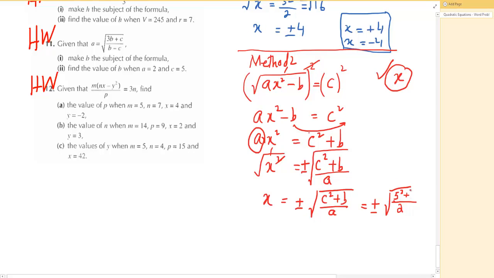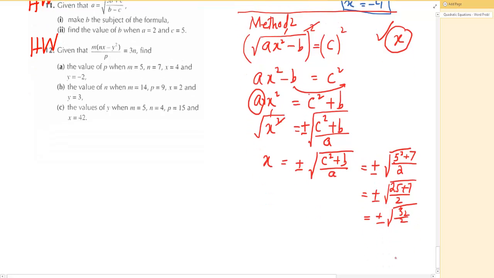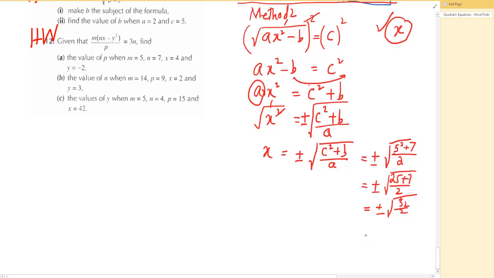And b is 7. So after simplification, 25 plus 7 over 2 and plus minus, 25 is basically 32 over 2, and it will be under root 16, and we have two answers again, plus 4 and minus 4.